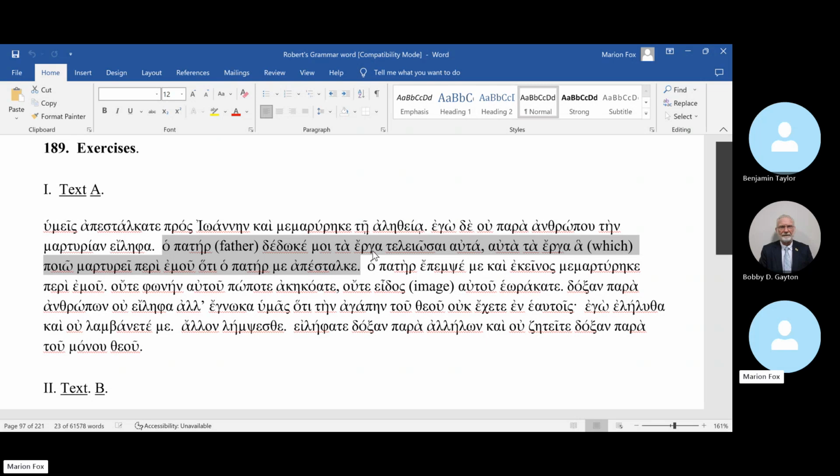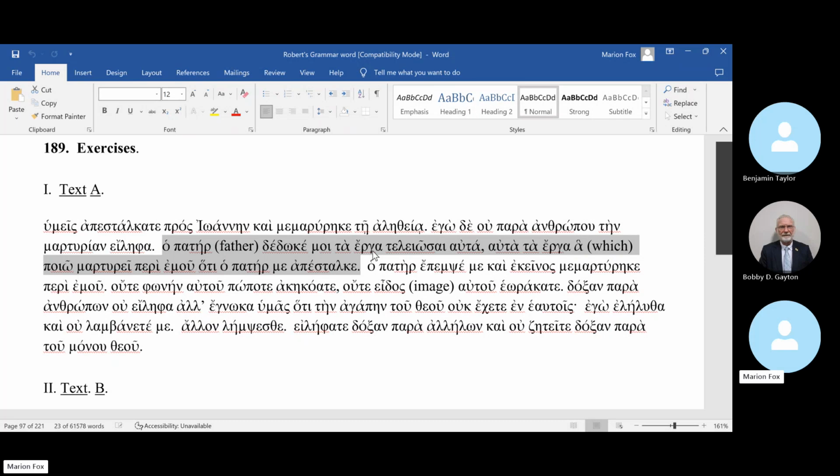Okay. So we have two perfects: the Father has sent me, and that is perfect tense. So he has sent me to do something, and I'm still here doing it. Okay, that makes sense? Yes. And he gave to me, and I'm still doing those things he gave me to do, and the works.